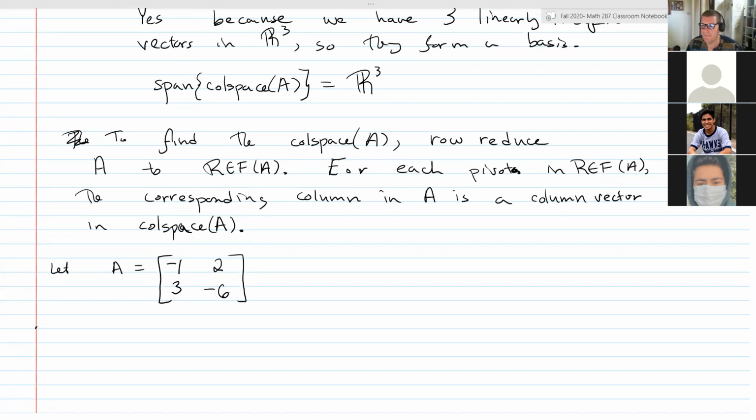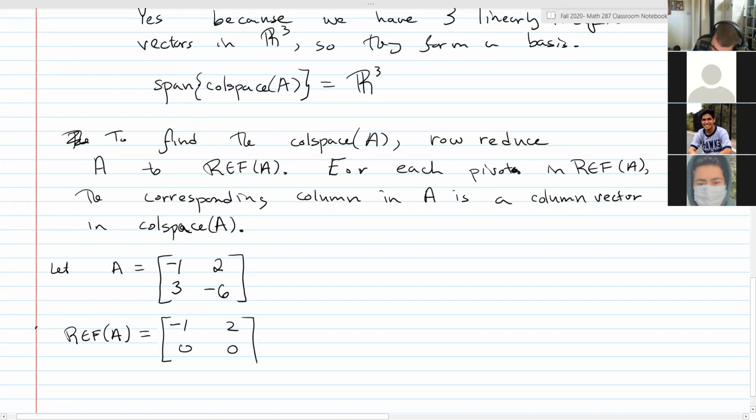So that's A. And what we'll do is we'll take the REF of A. That's going to end up equaling -1, 2, 0, 0. You can check that if you want, but you can probably see that that's going to be the case.